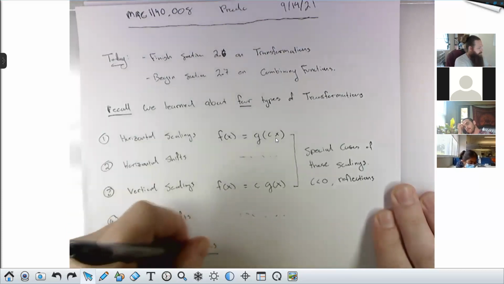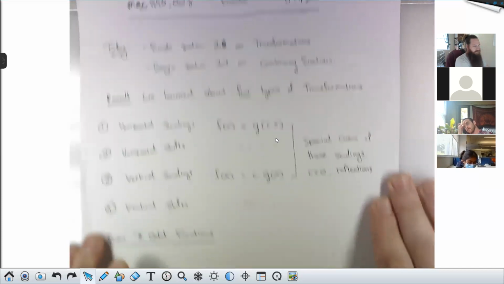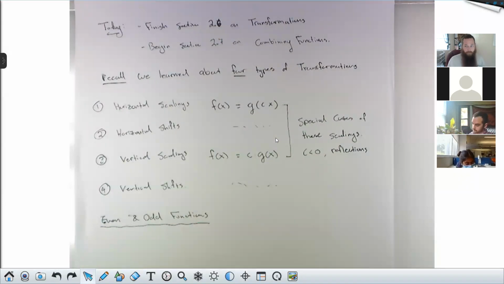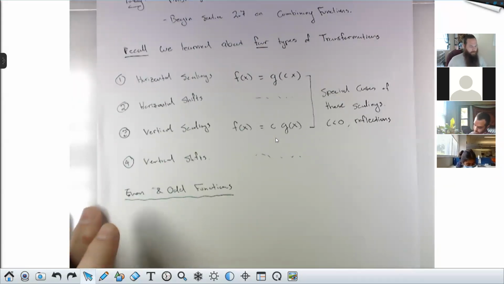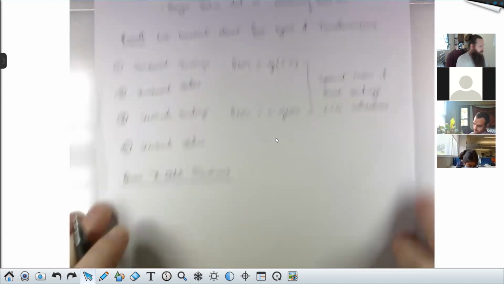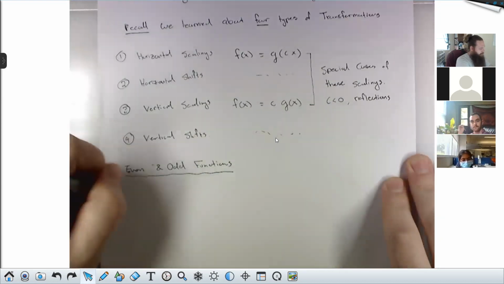Just like when you're studying numbers, like integers, splitting them up into even and odd integers is a meaningful thing to do and can be helpful. There is a notion of even and odd for a function. So here's the definition.